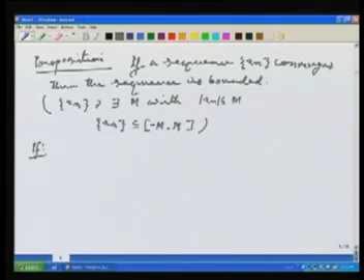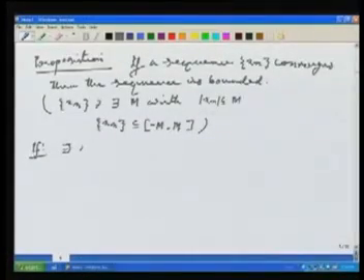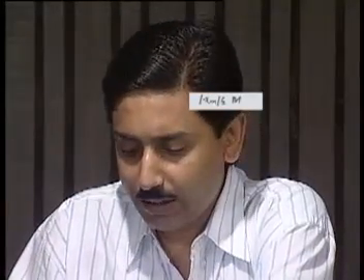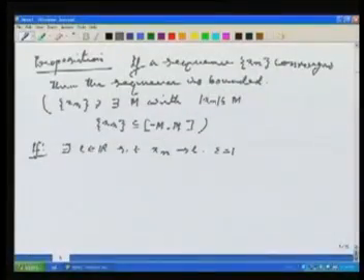Since I said the sequence xn converges, that means there exists a real number L where the sequence converges. So, there exists L, a real number, such that xn converges to L. Well, then I apply the definition. I take epsilon equal to 1.